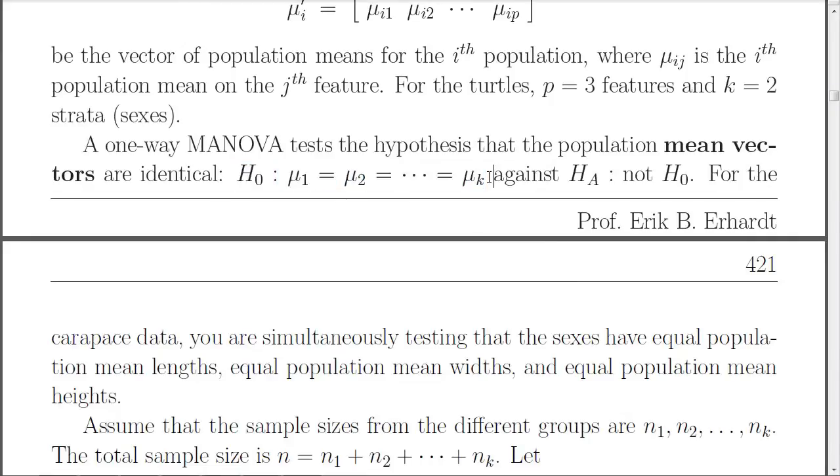So it's the same null hypothesis, except rather than each mean being a scalar or a single number, it's now a vector. And in our turtle example, we have a 3-dimensional vector here for females and a 3-dimensional vector here for males, and that's it. And the alternative is the same, that all the means are somehow different, but we don't know how.